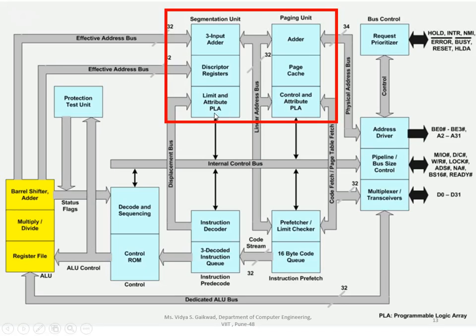And depending on the privilege level, on which privilege level this segment is working, based on that the priority will be decided. Then next, every segment is divided into pages, right? So it has a page cache and it has a control and attribute PLA. So let's see the description of this memory management unit in detail.